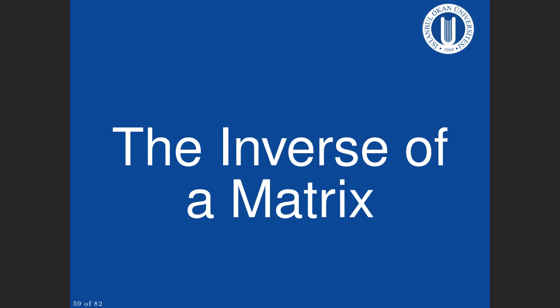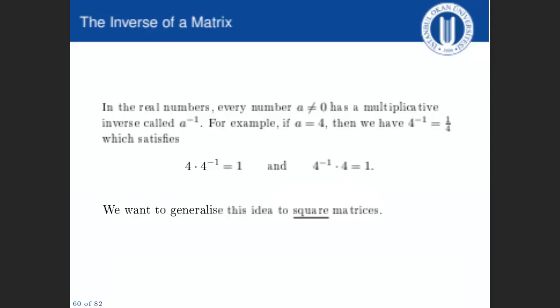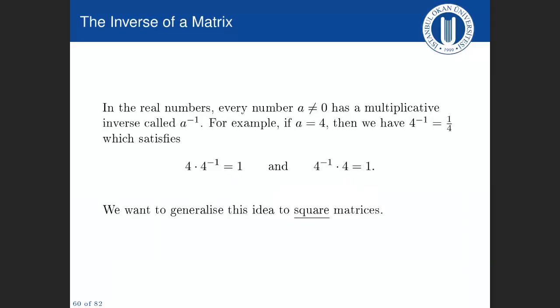My third and final topic for this week is the inverse of a matrix. Let's start by talking about numbers. In the real numbers, anytime we have a number A which is not 0, we have a multiplicative inverse called A to the power -1.